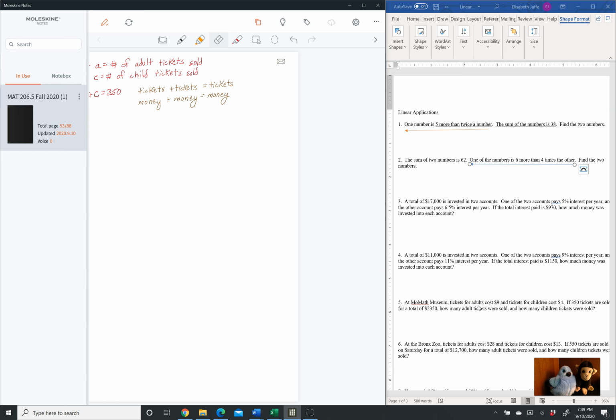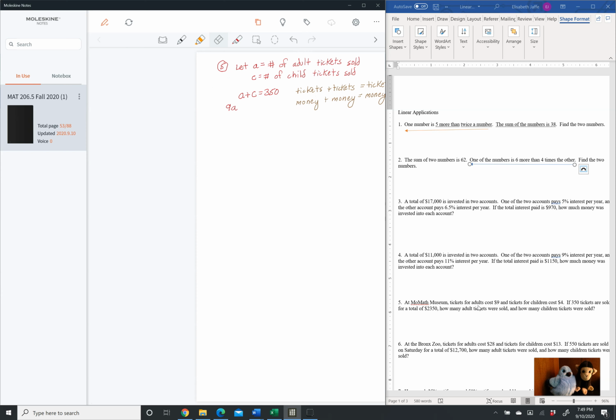So what we can do is we could just say, okay, well, the amount of money that we make from adult tickets is 9 times A. Now we do something similar for the children's tickets. Each child ticket is $4, and we have C of them. So the total amount of money that we make is 4 times C. So this is the money made from the adult tickets plus the money made from the children's tickets equals total money. So your totals are in 2 separate equations. Don't try and combine it.